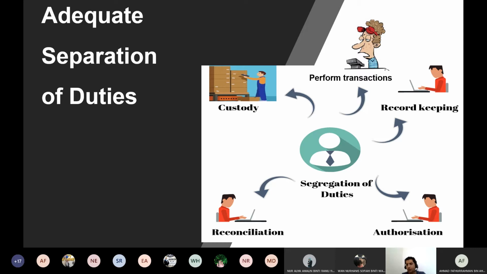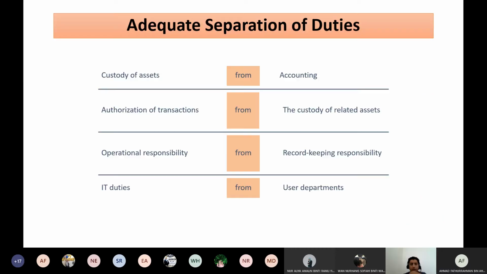Okay, so segregation of duties is separating the duties and avoiding having the same person do multitasks related to the transaction, which, if we have less separation, it will create risk of fraud or errors. Okay, so this one just simplifies the diagram just now.